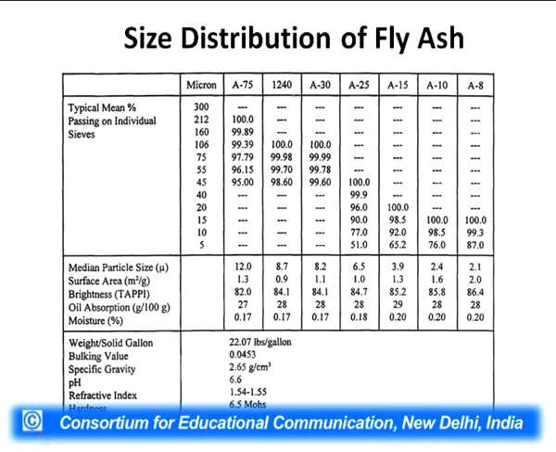As far as other physical properties are concerned, the pH is 6.6. So basically we can say that it is of neutral character, neither acidic nor basic. Its refractive index can vary between 1.54 to 1.55. Hardness is 6.5 Mohs, while specific gravity is 2.65 gram per cubic centimeter.